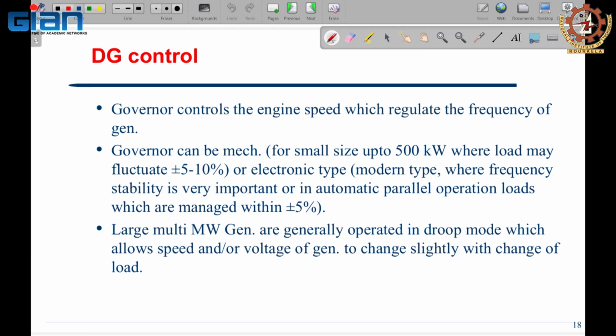Generally you will see that our power system has droop characteristics. As the load on the power system increases, the frequency will slightly go down. If the load is lower, frequency will go higher. If the load is nominal, frequency will be nominal.